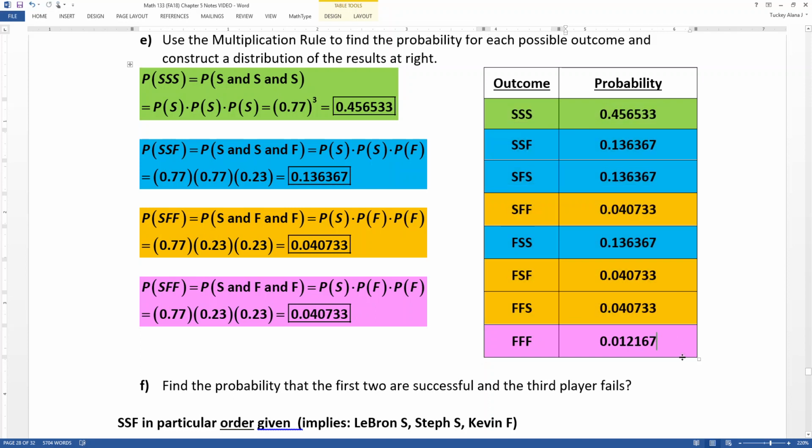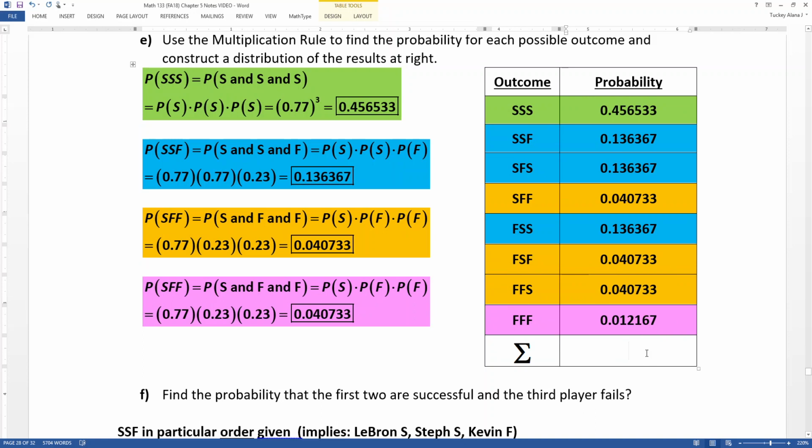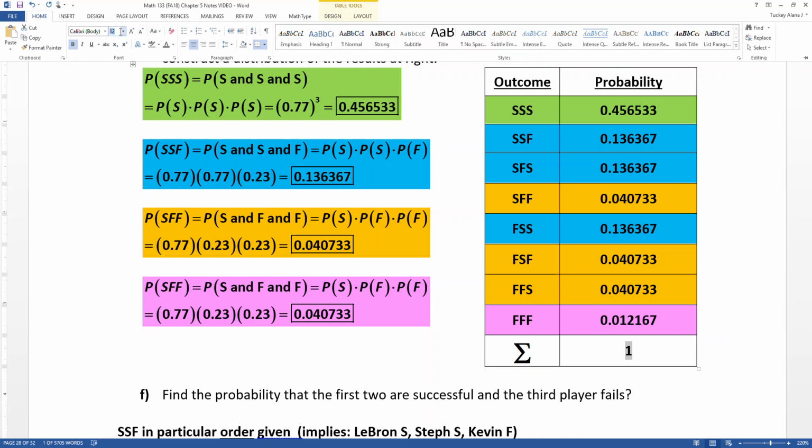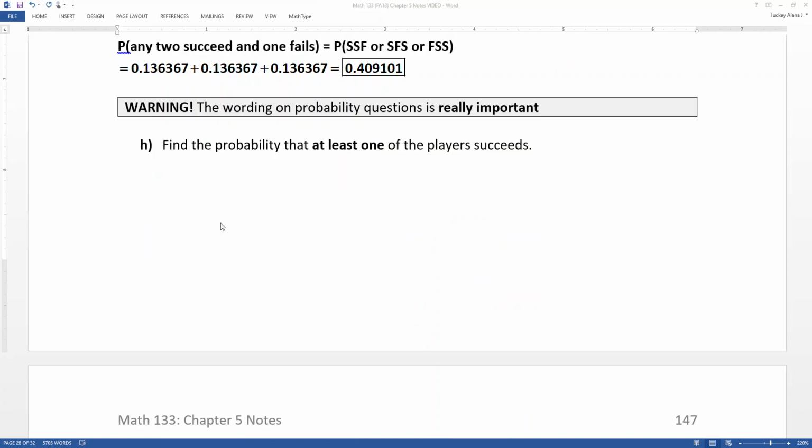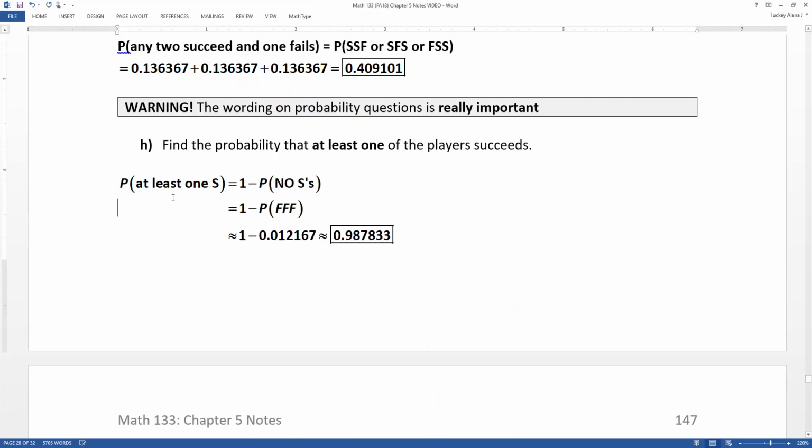You know that the sum of the probabilities has to be 1. As a matter of fact, I'll add that in right here at the very bottom. We know this has to make 1.000, right? We know it has to make 1. And if it does make 1, well then it's a lot easier. Instead of adding up the blue ones and the green ones and the orange ones, why don't I just take the pink one, subtract it from 1, and I'll have my final result. And so that's what I'll do. So I take the probability of at least one success.